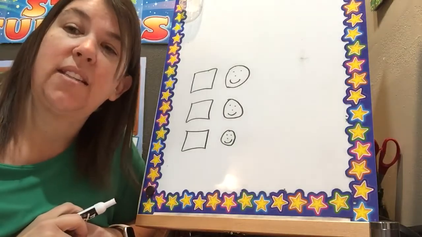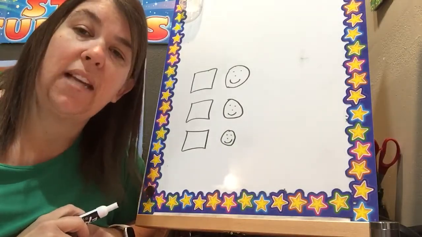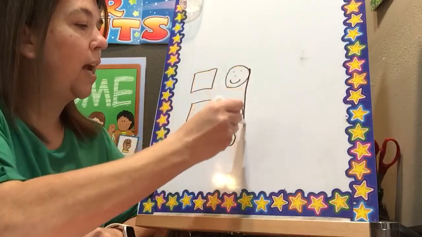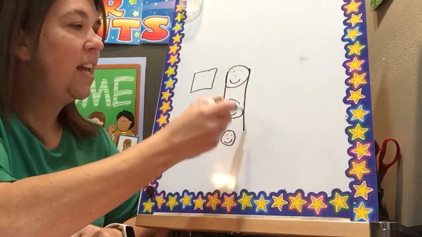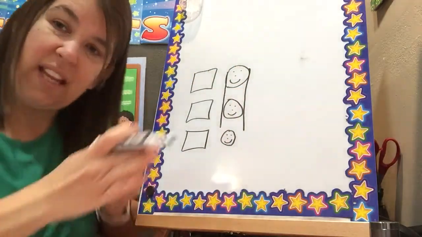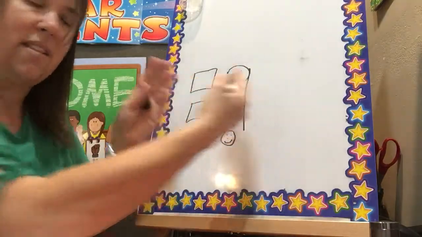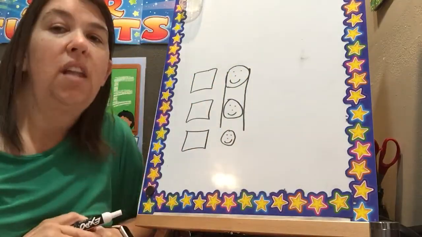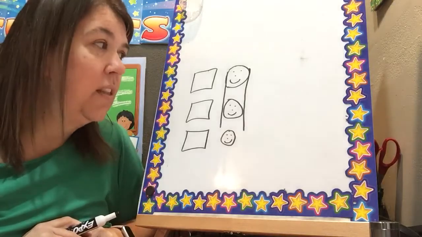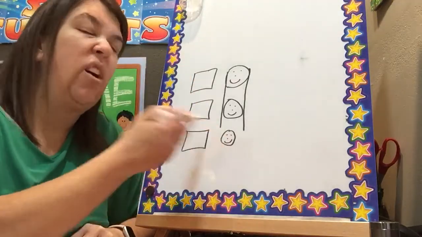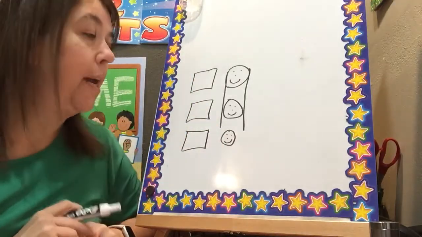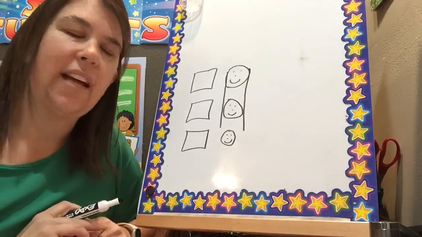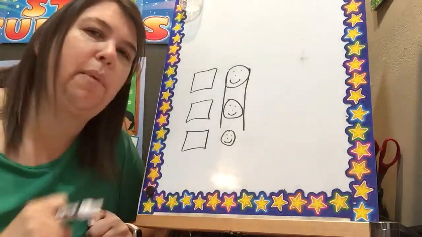This would be a biggest to smallest or smallest to biggest, because when I measure these across, these guys are kind of the same length. They take up the same amount of space. So this is not a how long is something. This is a how big or small something is.